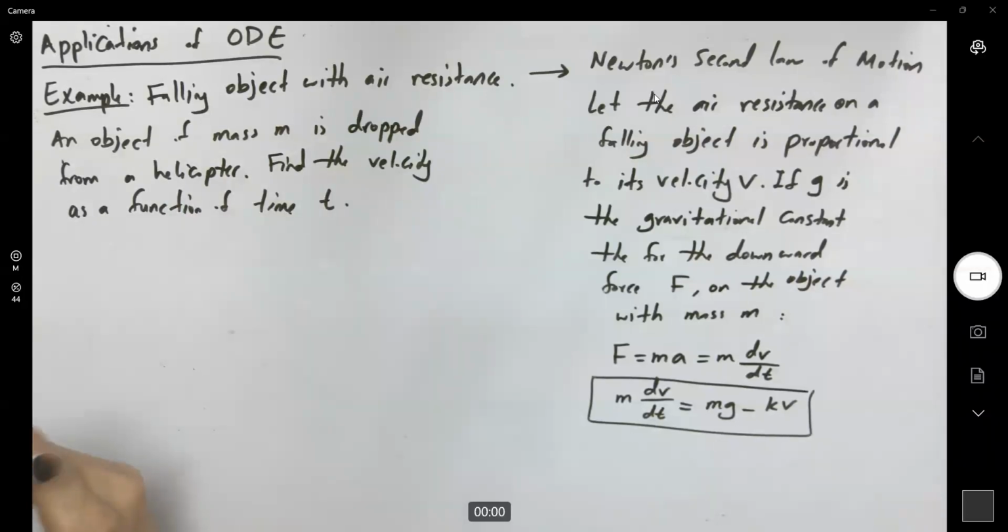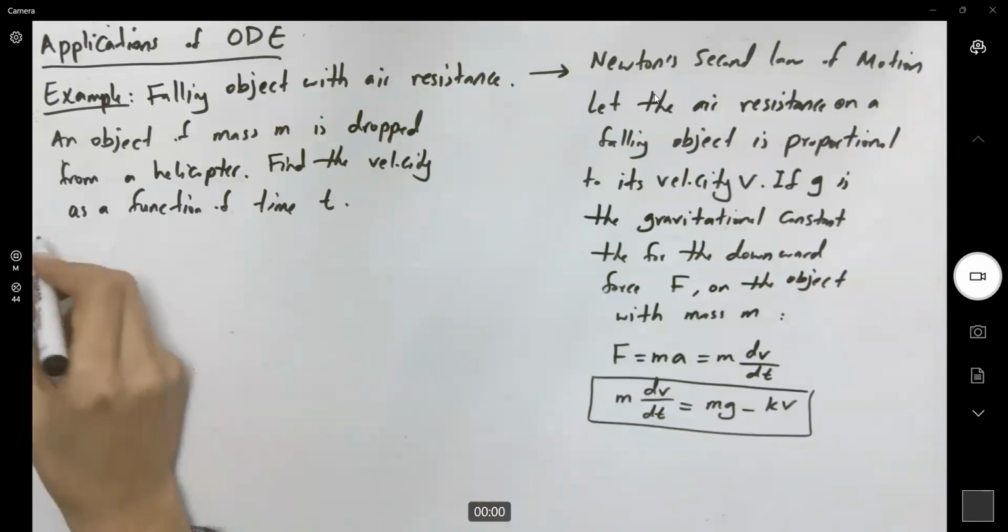So what's the meaning of that? It means that, hey, now that you have Newton's second law of motion, solve this differential equation. How do we solve this differential equation?